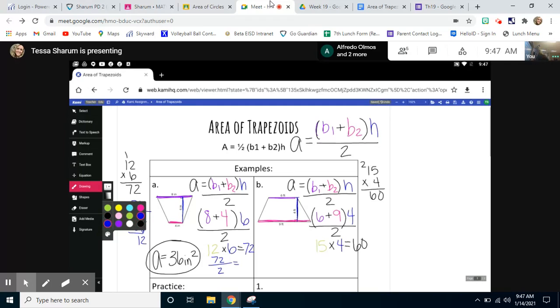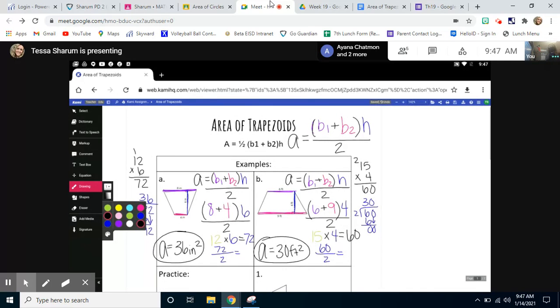And then I'm going to do 60 divided by 2. Two goes into 6 3 times. That cancels out. And that becomes 30. So my answer would be A equals 30 feet squared.